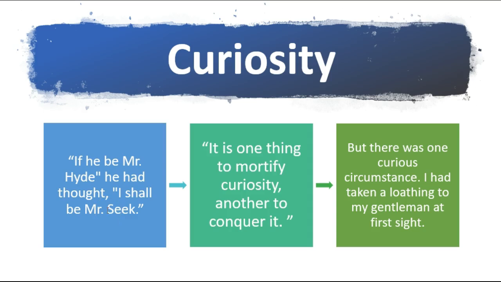But there is a deeper mystery that he wants his reader to understand rather than just who did what to who and why. "It is one thing to mortify curiosity, another to conquer it." So here, Utterson is a failure as a reader. He wants to mortify, to kill off curiosity.